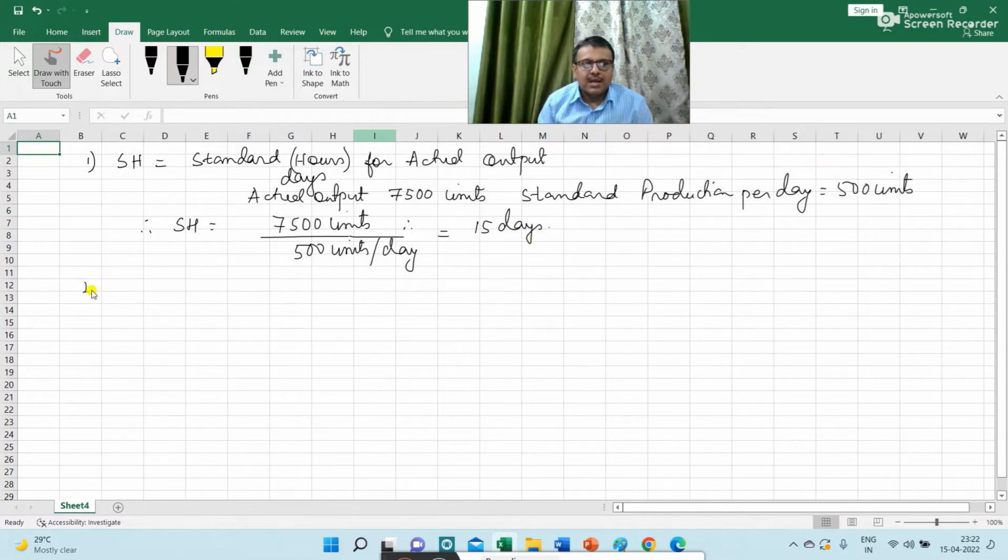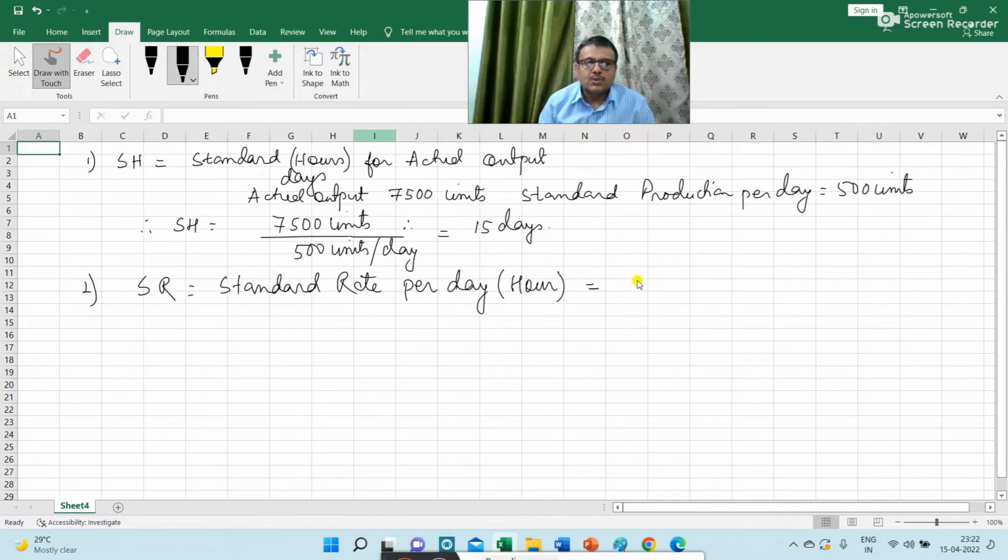Now the second parameter is standard rate. This is standard rate per hour. So we are writing here the standard rate per day instead of hour. Since we are given the number of days, we have to calculate the standard rate per day.